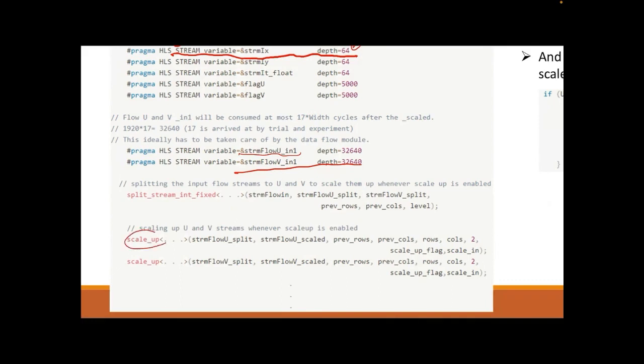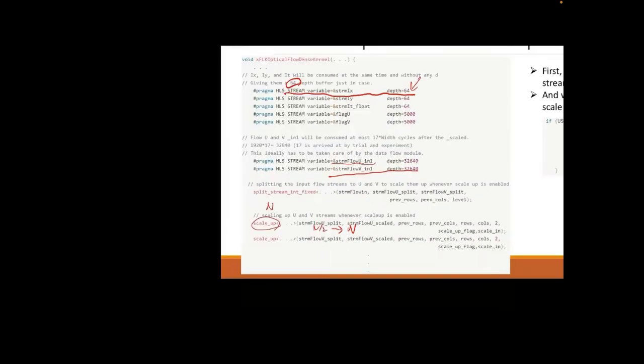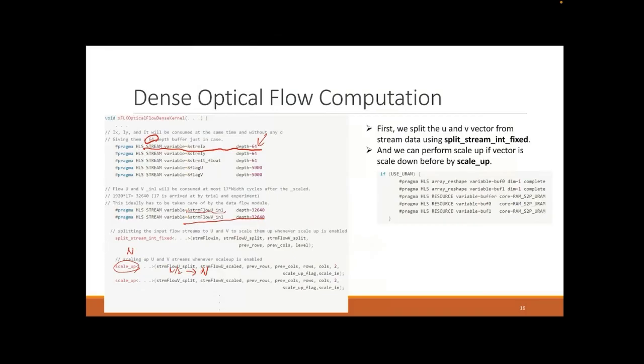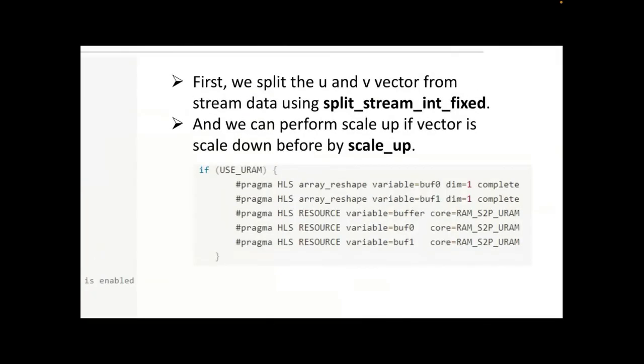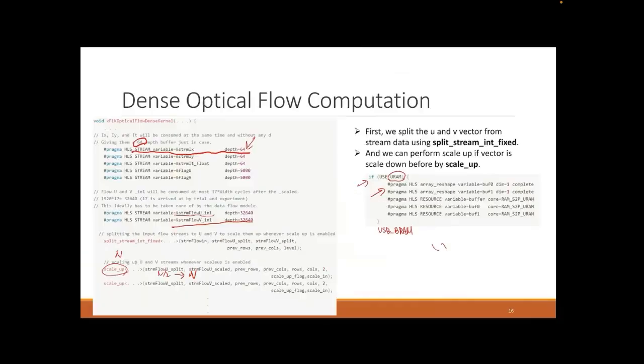For example, originally it is n, and this might be n minus 2, up to n, back to the original dimension here. And another thing is we can use a coding style like this. If we have URAM here, then we can do those pragma, and maybe we use block RAM, for example, then we can do the rest the same in this coding style.